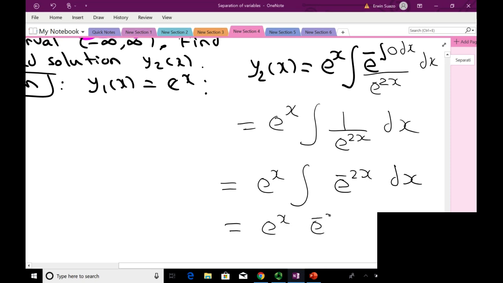So e to the minus 2x divided by negative 2. So I will get e to the x times e to the minus 2x is e to the minus x, divided by minus 2.